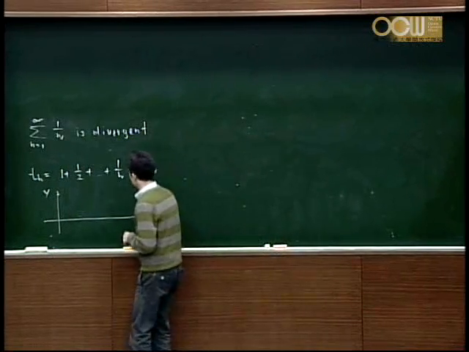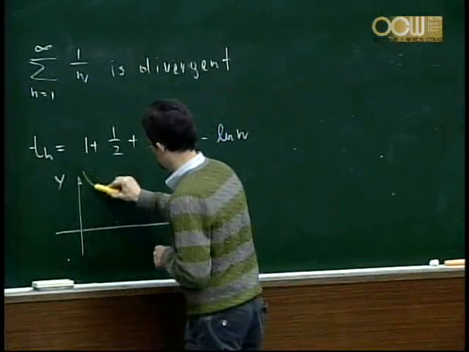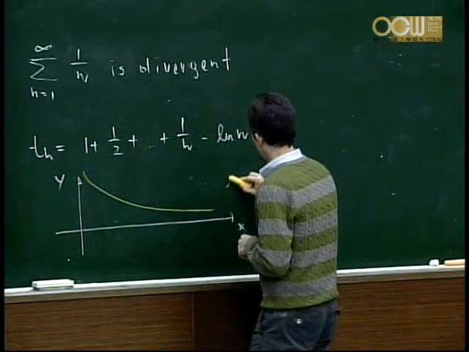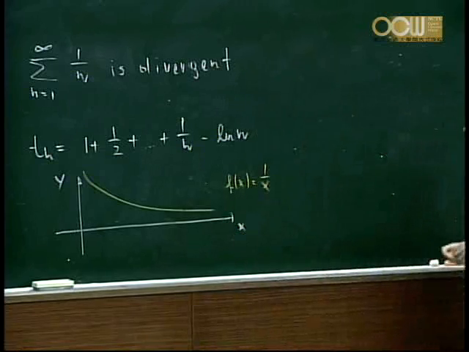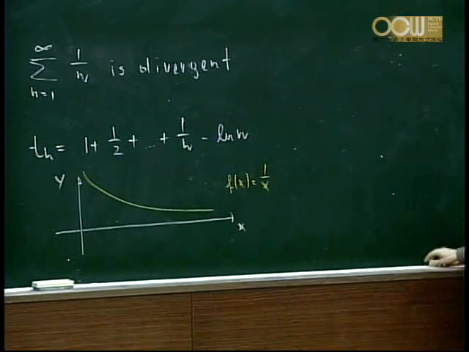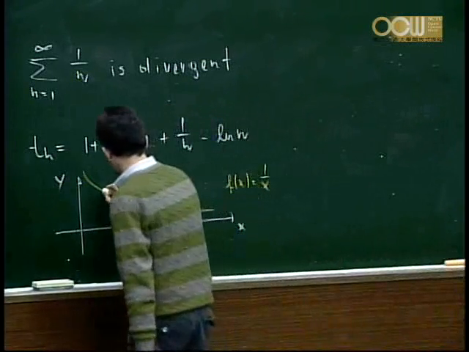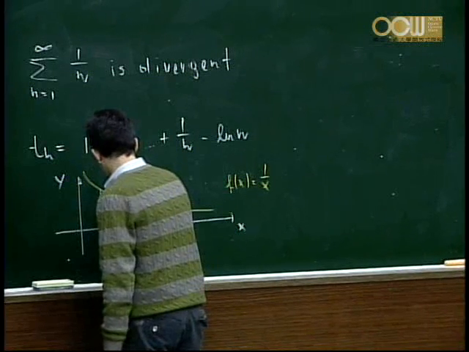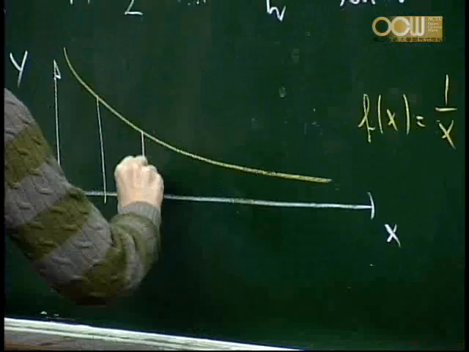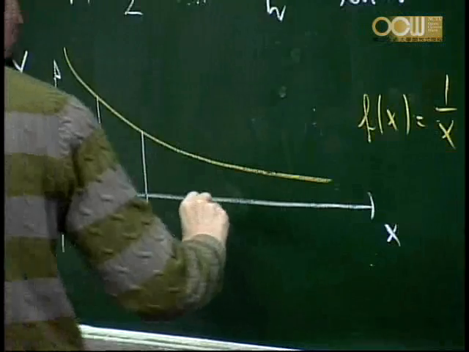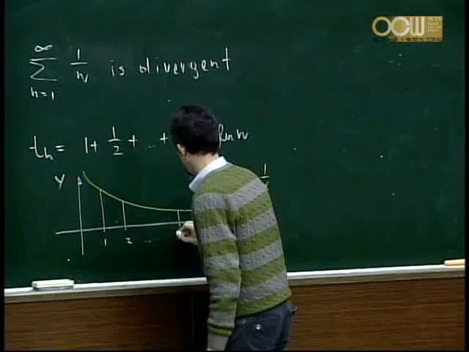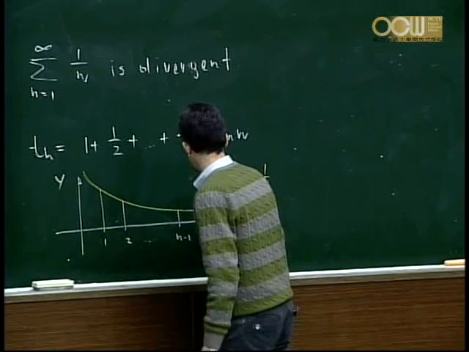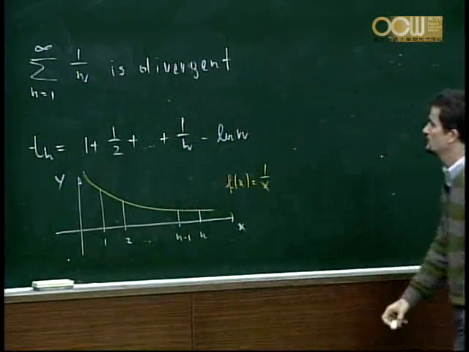So we plot the function f of x is equal to 1 over x. Okay, so this is 1. This is 2. We go on like this. So this is n minus 1, and this is n here.